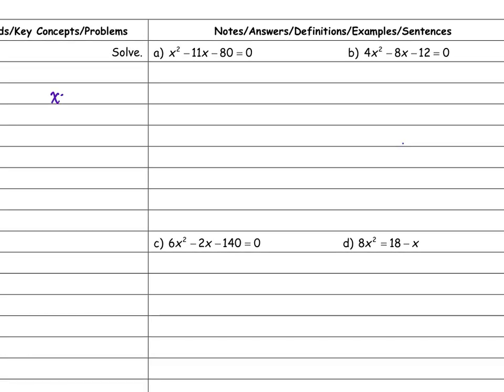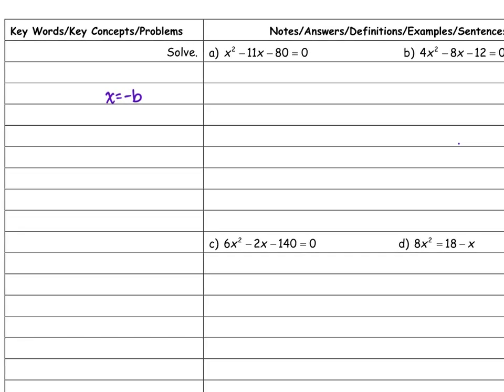So x is going to equal minus b, and I need more room to write that. x is going to equal minus b plus or minus the square root of b squared minus 4ac, all divided by 2a. Okay, go ahead and try that.